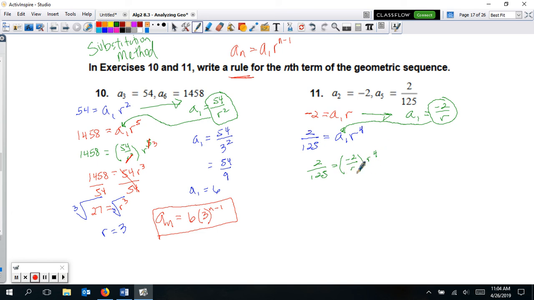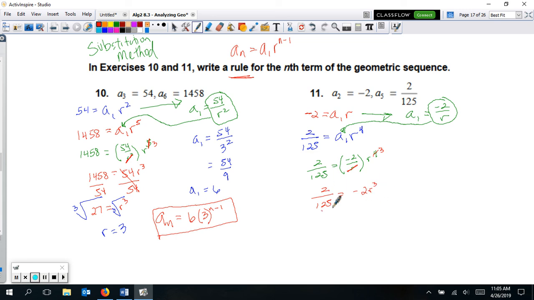And so now we can cross cancel r's again. So this r cancels completely. I'm going to take 1 away from 4, which leaves me with 3 left. So we're going to see 2 over 125 is equal to negative 2 now times r to the 3rd. So negative 2 r to the 3rd. I need to get rid of my negative 2.